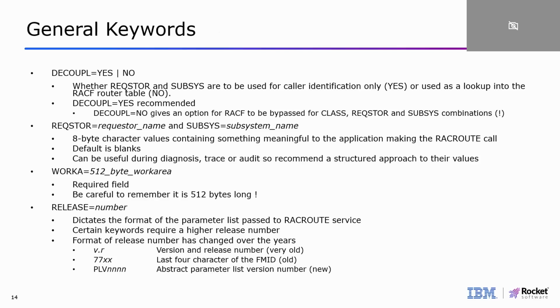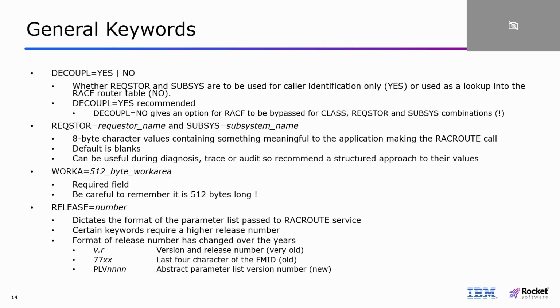So generally, before we get into specifics, there are some general keywords that you're going to specify in RACROUTE. So DECOUPLE equals YES or NO. There's a historical thing called the RACF router table, where an installation could opt to bypass RACF for certain combinations of SUBSYS and REQUESTOR. No one in their right mind is doing this these days.